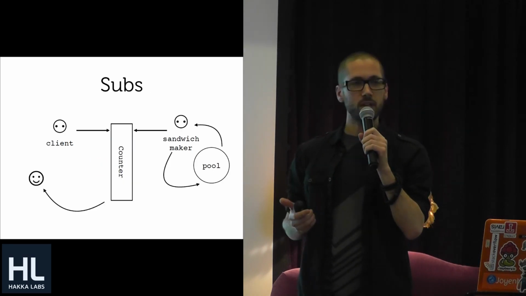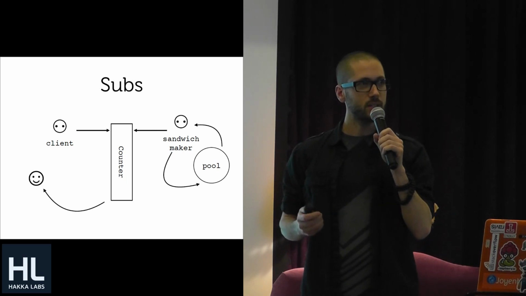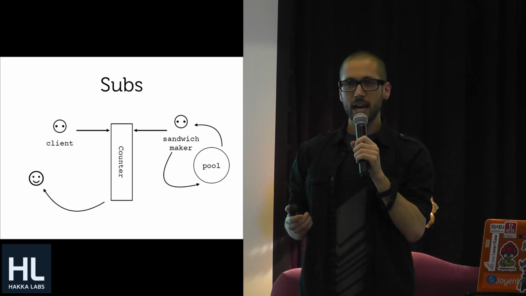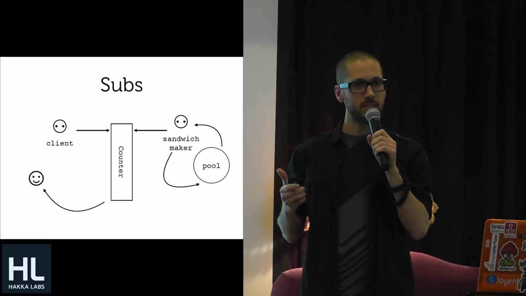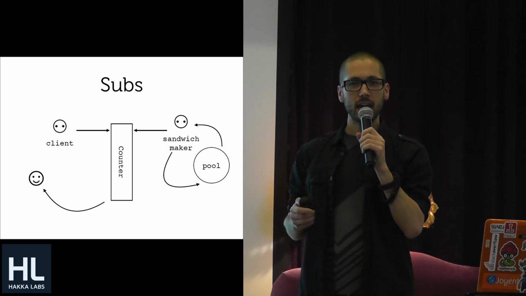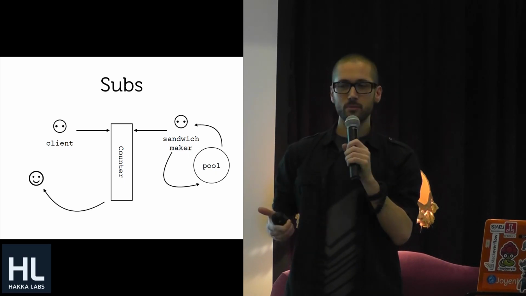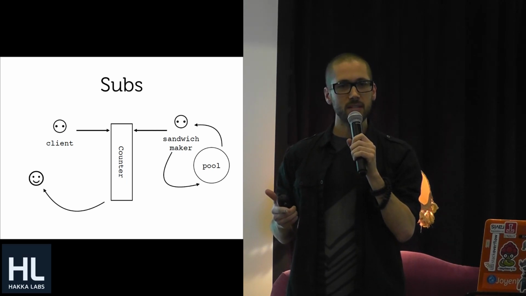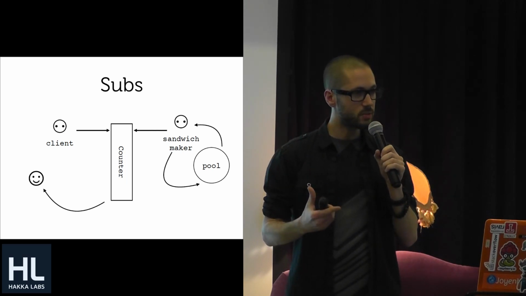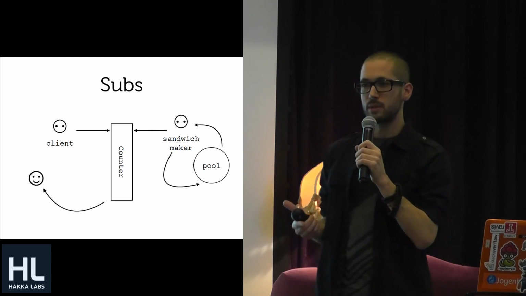So first of all, when you want to get a sub, you go to the counter, and a sandwich maker comes out of the sandwich maker pool. And you both go to the counter, and you tell the sandwich maker what kind of sandwich you want, what ingredients, and you have this synchronous one-on-one interaction which lasts for the duration of the entire sandwich making process.